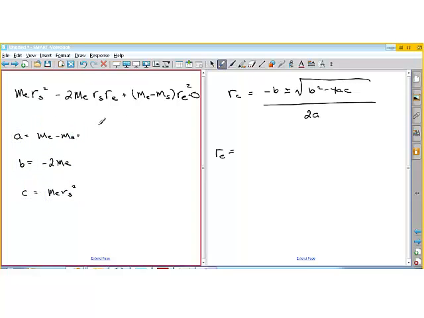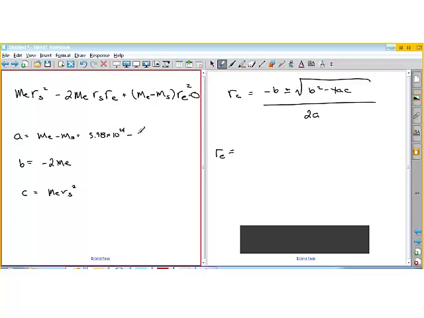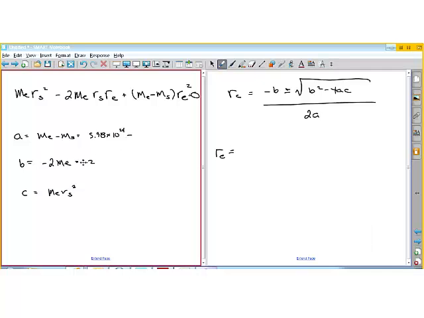Okay. So now we go to the back of the book. Look up some, well, we don't have all the numbers in the back of the book, but 5.98 times 10 to the 24th minus the mass of the sun. So we'll get in a second once we figure out what the mass of the sun is.